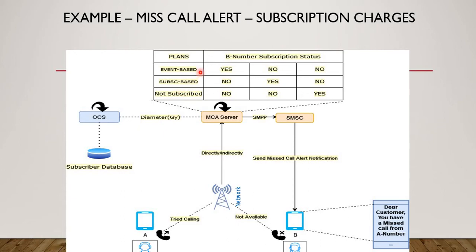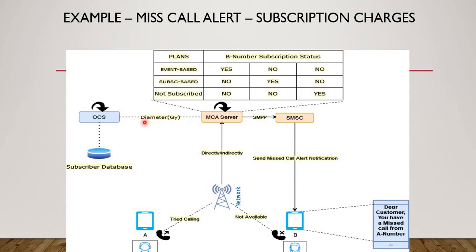Now let's say, for example, subscriber B has subscribed to the event-based services. Event-based services means each SMS will be charged 1 rupee. In that case, the MCA server will first deduct the 1 rupee from OCS with the Diameter Gy request, which was the IEC request, as I told you, immediate event charging.